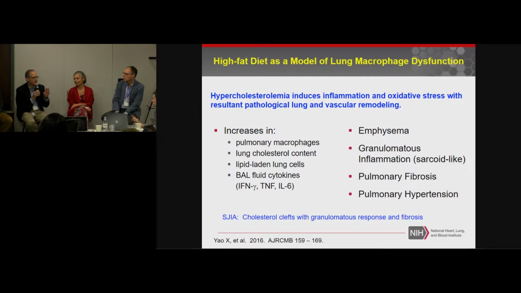There was one just in JCI Insight related to an LPS injury model, and they found 5 different populations: 2 of tissue-resident alveolar macrophages and 3 of monocyte-derived alveolar macrophages. This was in a mouse model, so they knew the time course of the inflammatory response, and it was, as you would expect, a dynamic process that changed with initiation and resolution of the event.